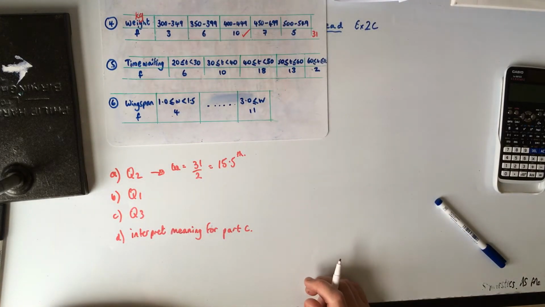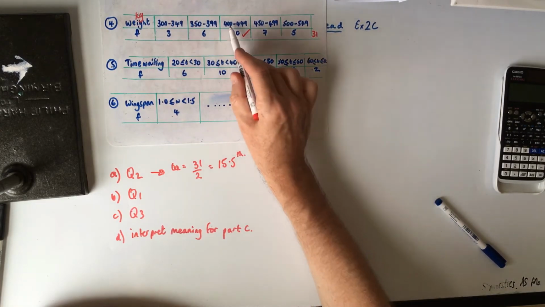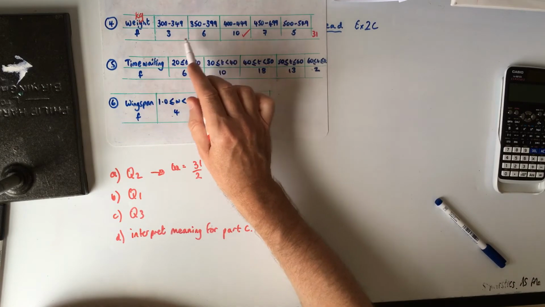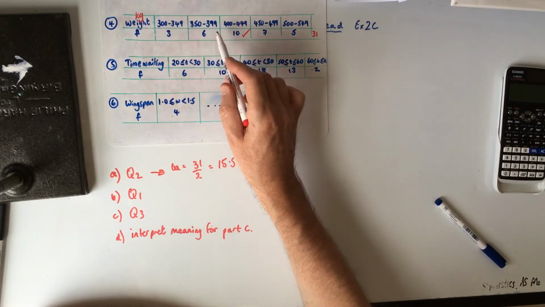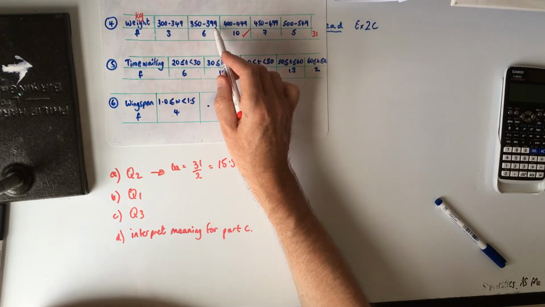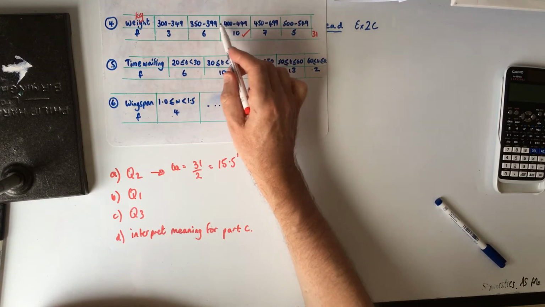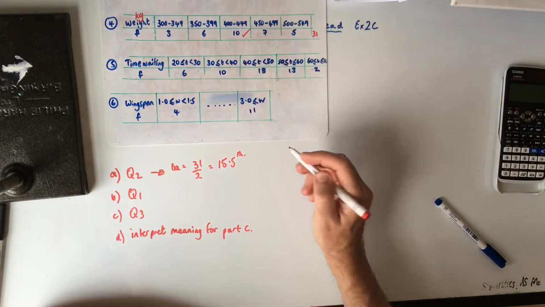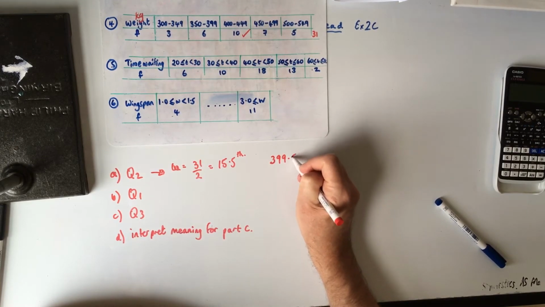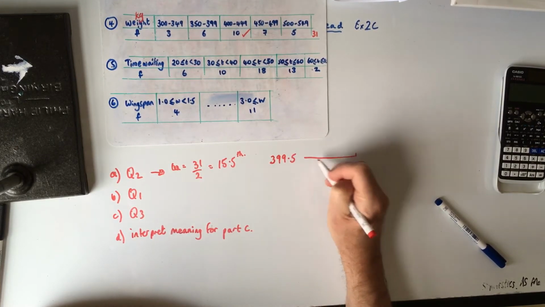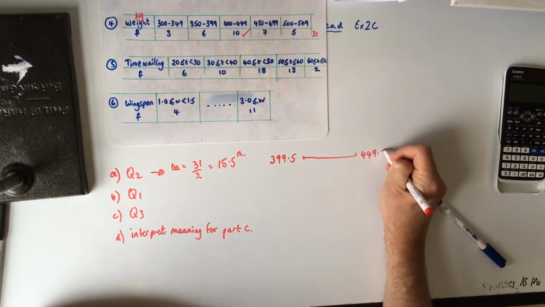Okay? So let's have a look at this group. So this group goes from, remember, because these cows have been rounded, they've not done it with the greater than and less than signs, which is a better way of doing it, isn't it? They've been rounded down to the nearest, or up to the nearest kilogram, which means that this group goes from 399.5 to 449.5.